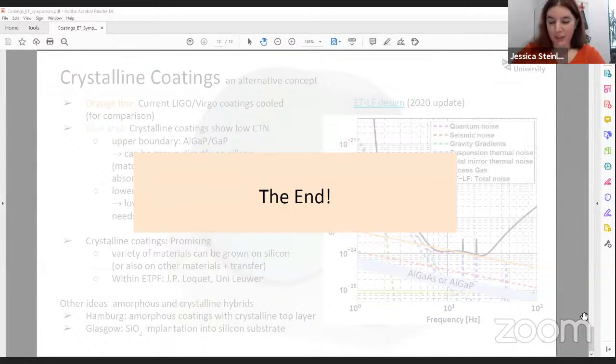So I think for ET-HF, this will be much harder than for ET low F. For ET low F, you have really nice options like growing crystalline coatings, possibly directly on the silicon, or these kind of ion implantation ideas and similar.